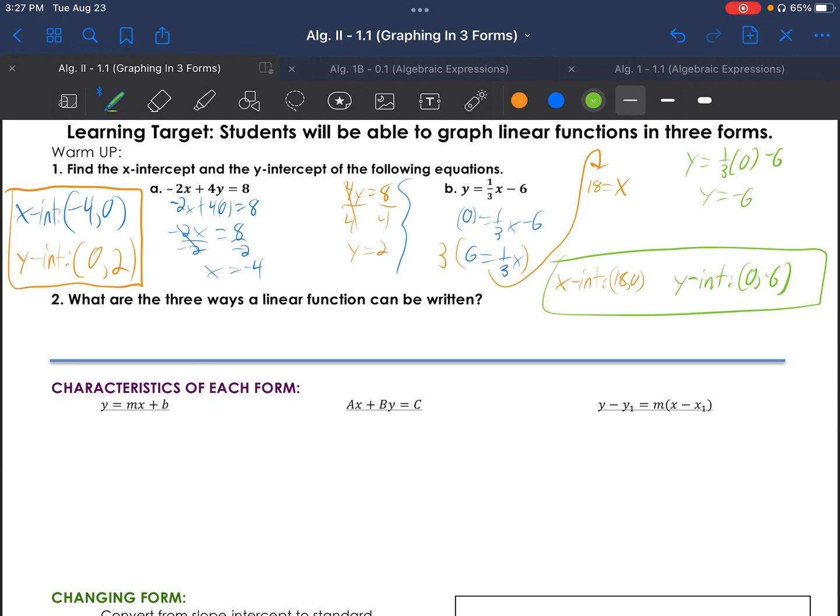Now the three ways a linear function can be written are slope-intercept form, standard form, and point-slope form. They're on the front of your packet in case you need them. Actually, there's not a dash in slope-intercept. I don't know why I'm putting that. Slope-intercept form, standard form, and point-slope form, that one has a dash.